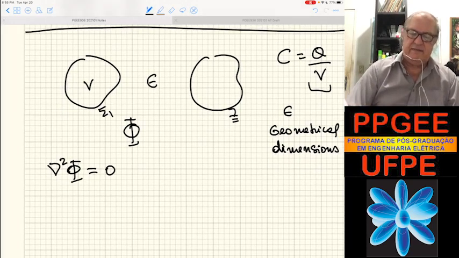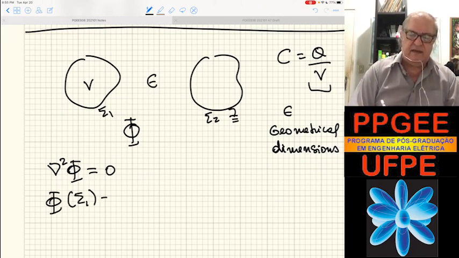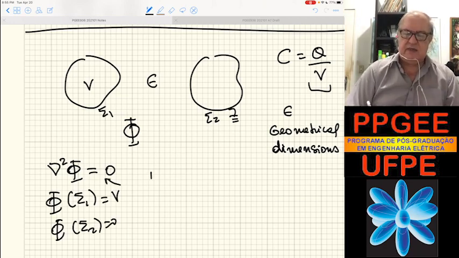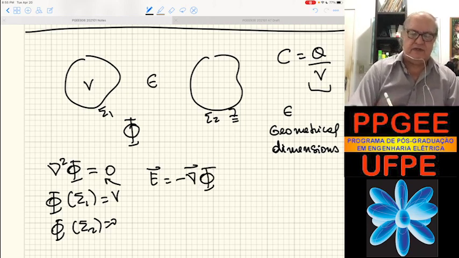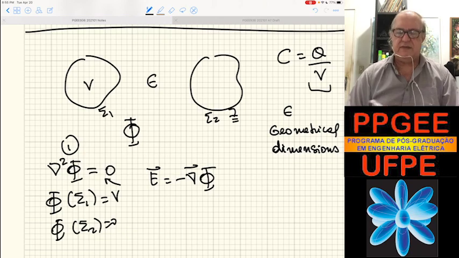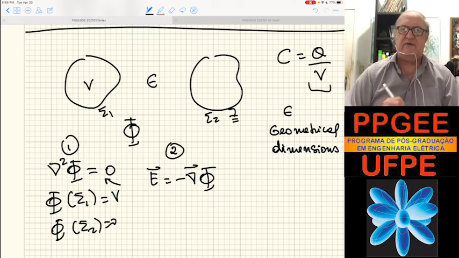Let's say sigma 1, sigma 2. Let's say that phi of sigma 1 equals V. That's a BVP, right? Phi of sigma 2 equals 0. So you find this function, then you determine E equals minus gradient of phi. The first part is solving the Laplace equation. Second is solving for the field. Third is determining D equals epsilon E.